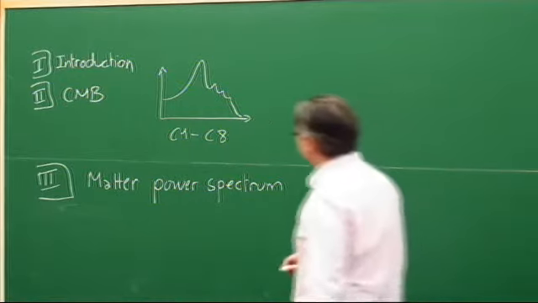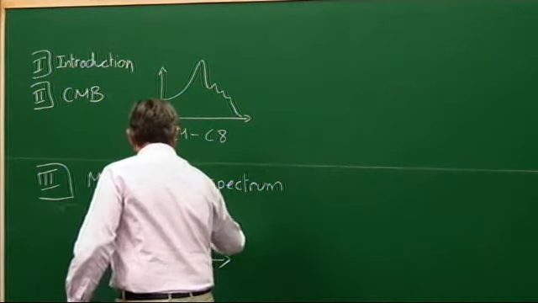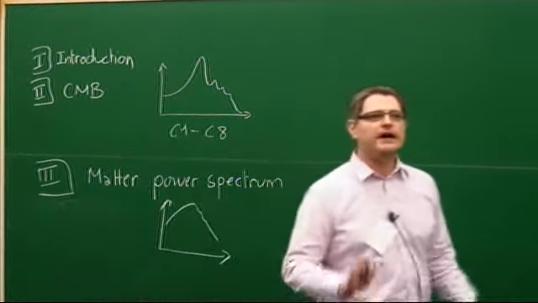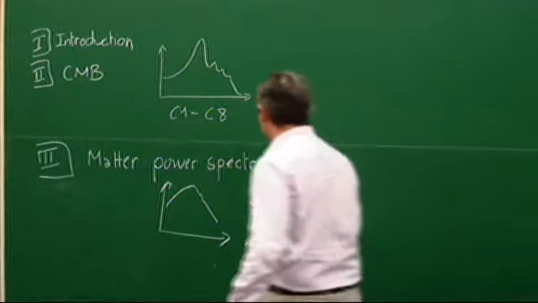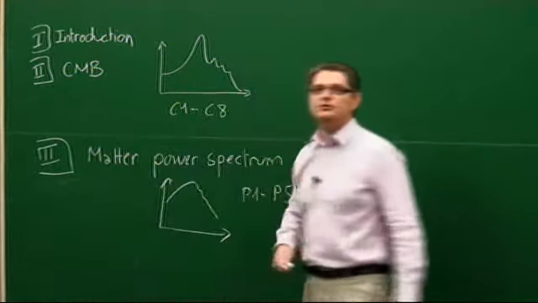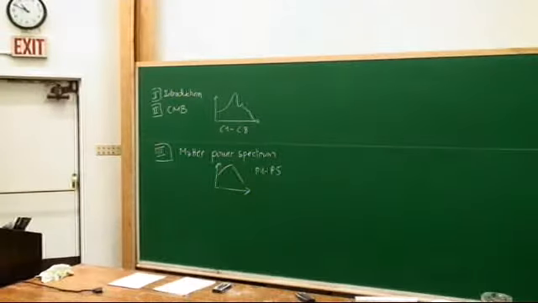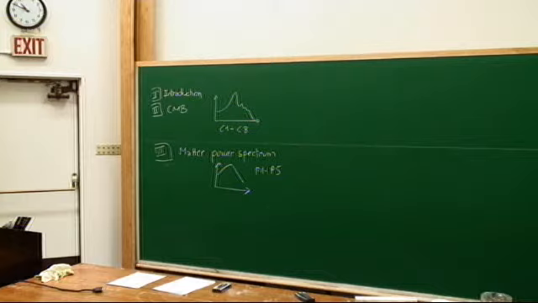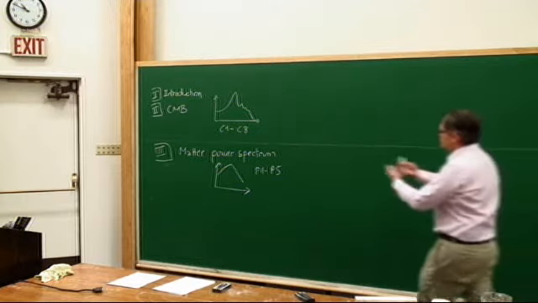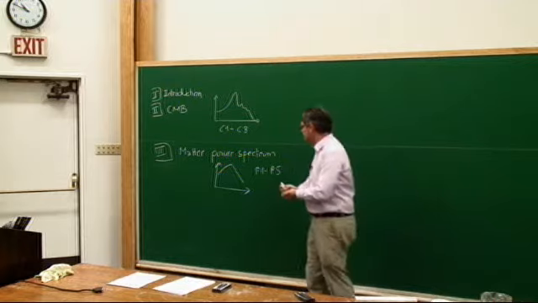And similarly, I will try to convince you that this matter power spectrum has a shape controlled by 5 effects that we will call P1 to P5, following the same kind of decomposition of the physical effects. And this will be a preparation for the course of Shirley next week, who will go much more into details of the impact of neutrinos or nonlinear corrections.